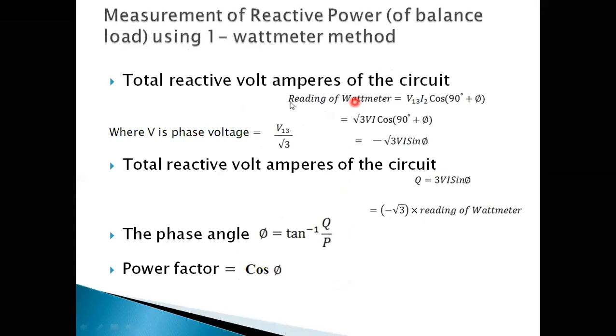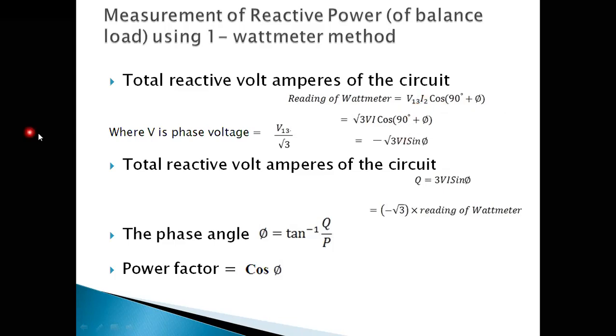So here, if we check, the reading of the wattmeter is equal to V13 I2 cos(90 plus 5), because the phase angle between V13 and I2 is 90 plus 5, as we have seen in our previous slide. So let us expand here. V13 is the line voltage.